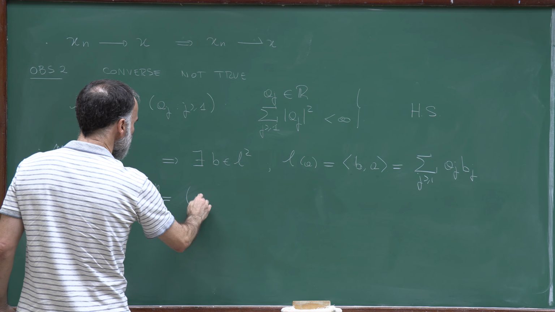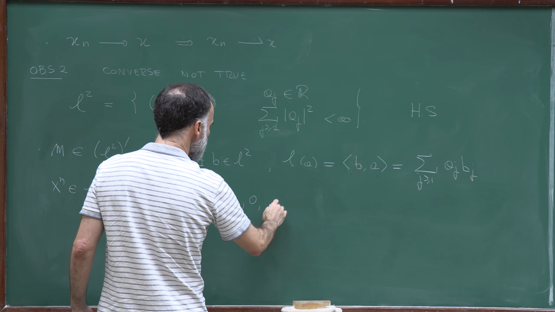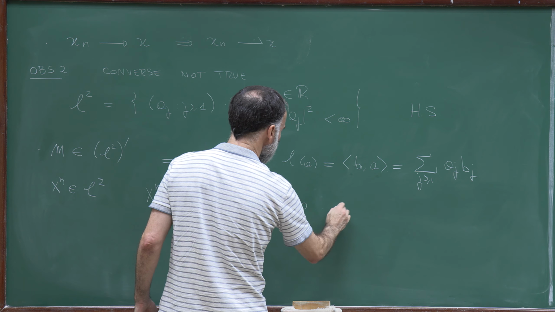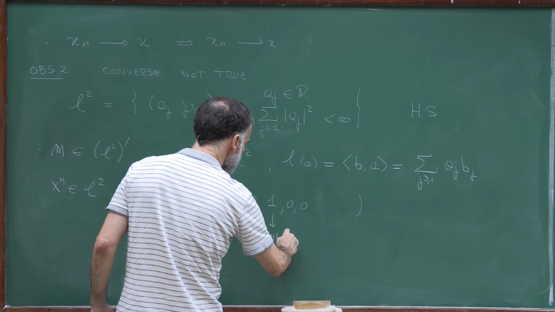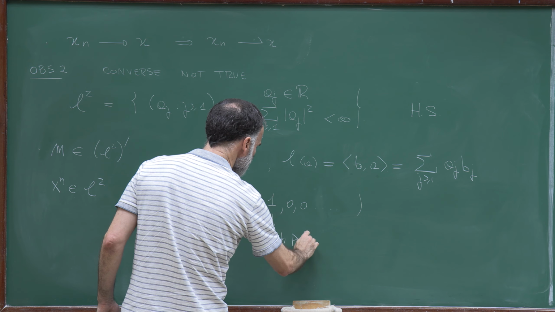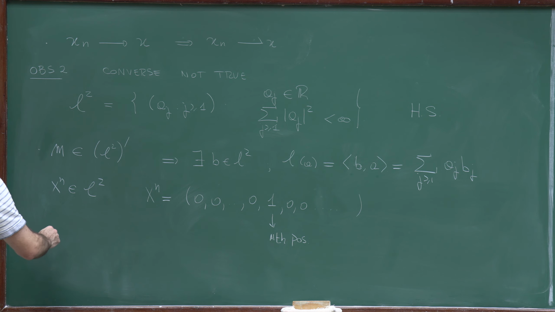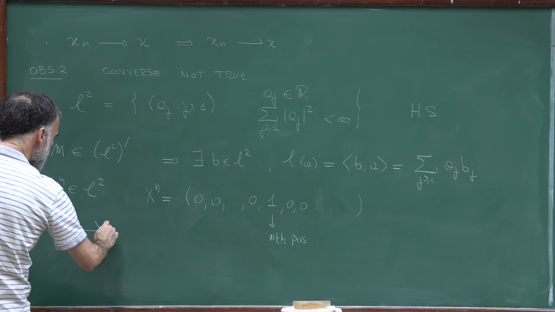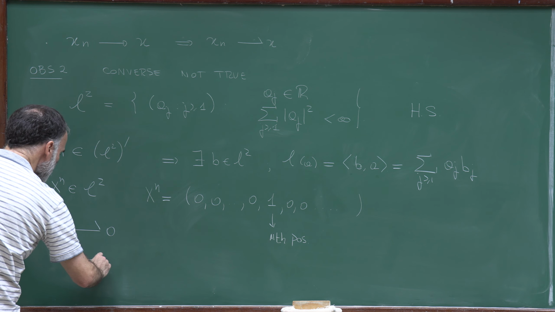Well, it's just the sequence in which you have zeros until the nth position, in which you have a 1. So on the one hand, what I claim is that xn converge weakly to 0, and xn doesn't converge strongly to 0.